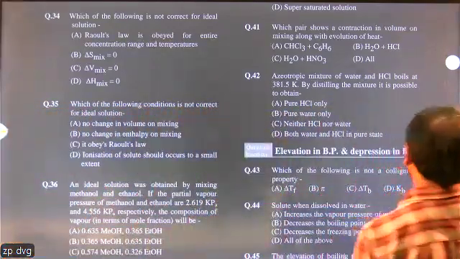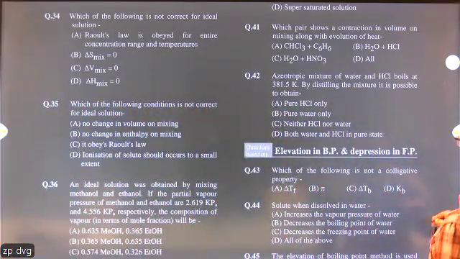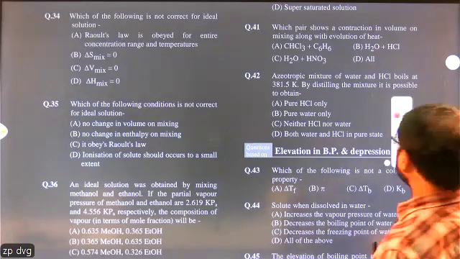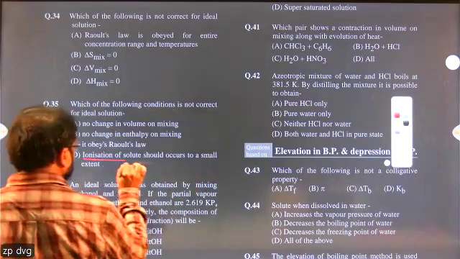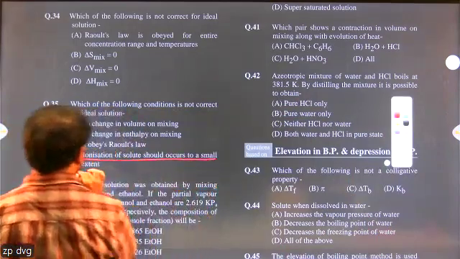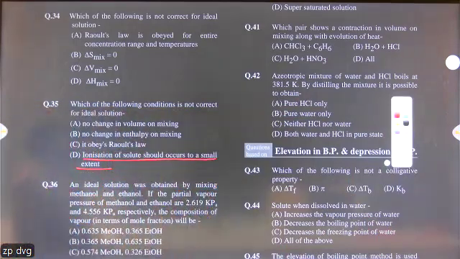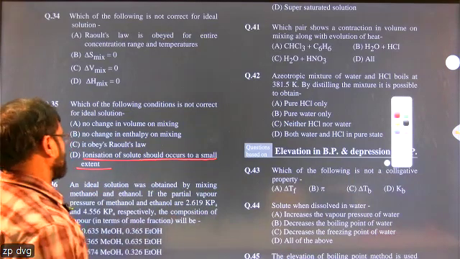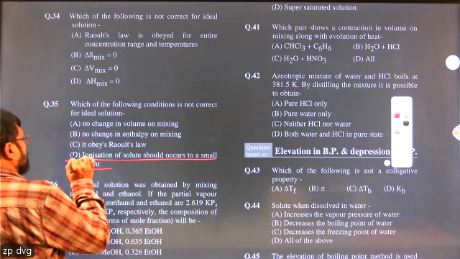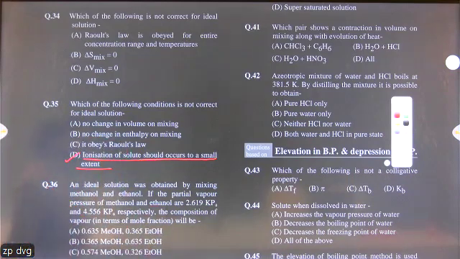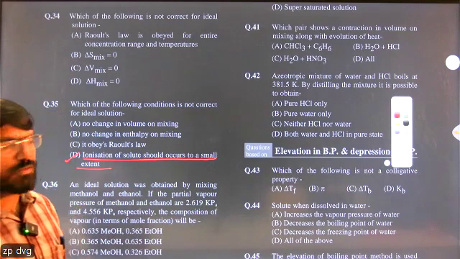They obey Raoult's law, that is also a correct option. Then the last one: ionization of solute should occur to a small extent. Ionization is not required, no need of ionization. So the correct answer is option D.